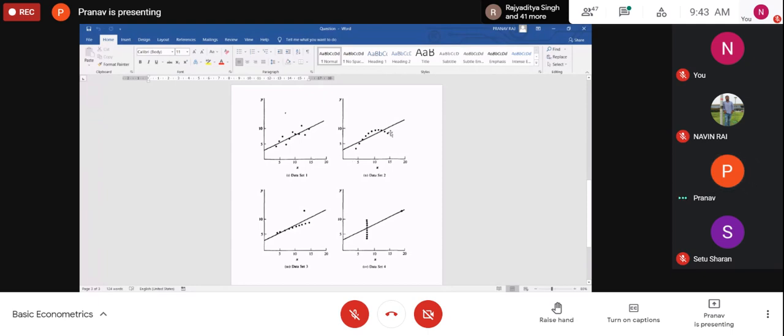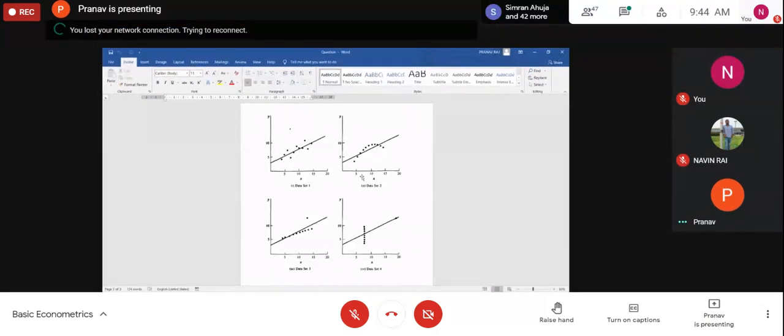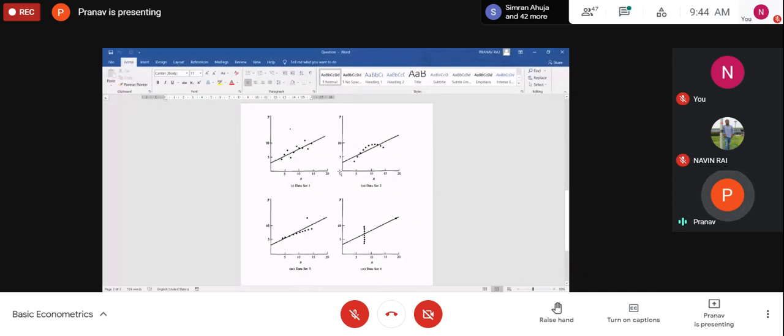Look at data set two. Though all the associated statistics and the regression equation are the same, the actual data points of this data set tell you, just give me a second, that the best possible fit for this particular data set is not a linear regression.